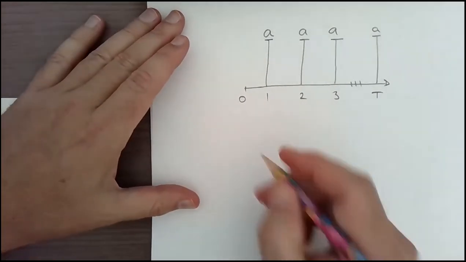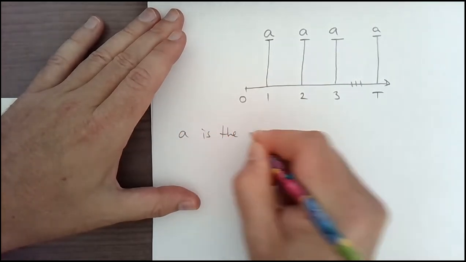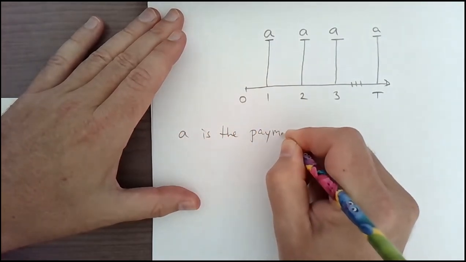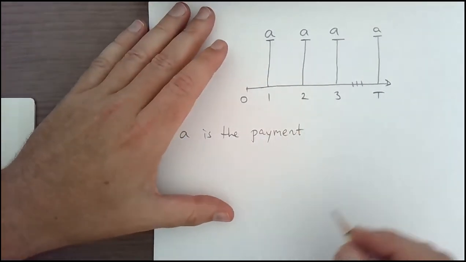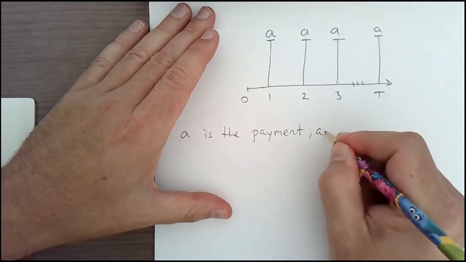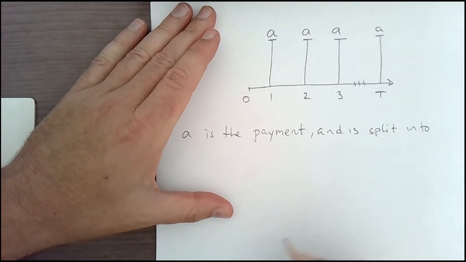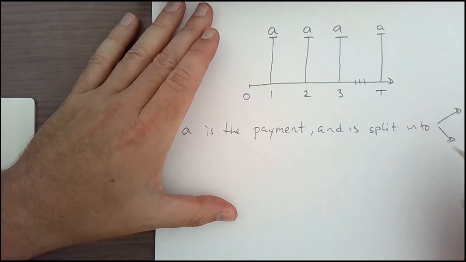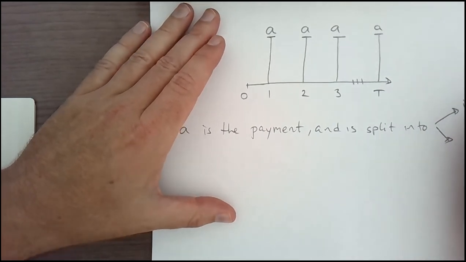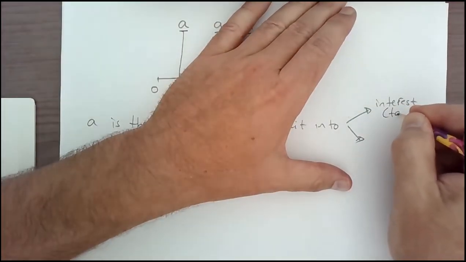And this annuity, A is the payment, and it's split into two parts. It's split into coupon, so it's split into interest. This is important because of taxes.